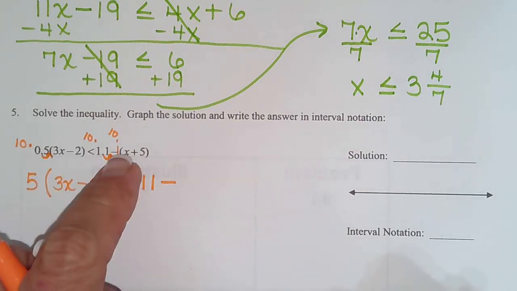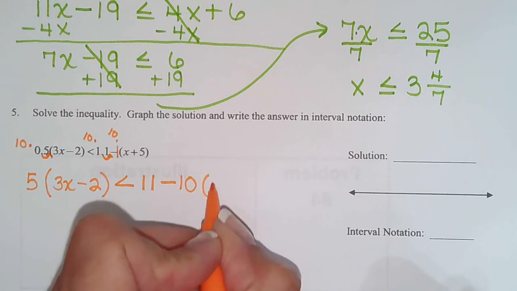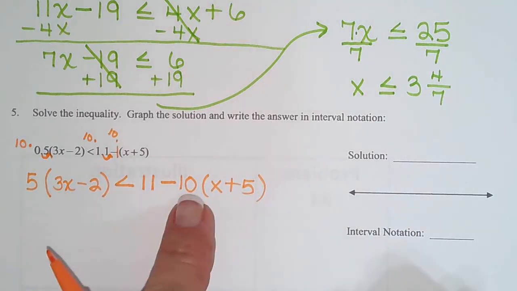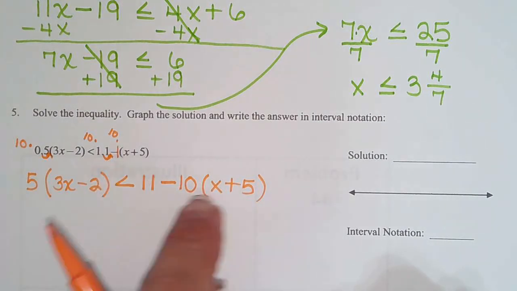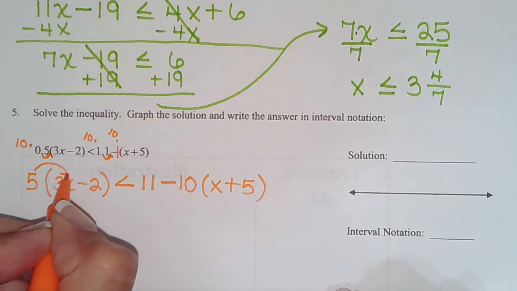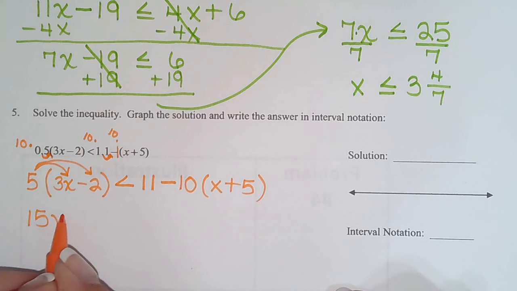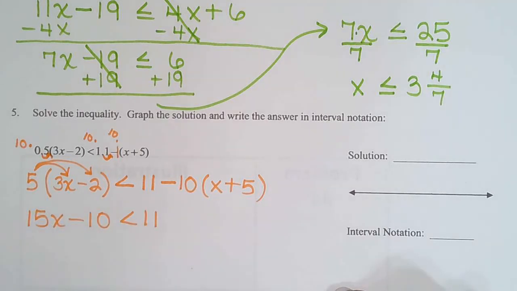Minus 1 times 10 is 10 times x plus 5. Again, don't go inside your parentheses with the 10, just the outer number, which we call the coefficient, gets multiplied but not inside. So 15x minus 10. It looks like we're going to get cut off in the middle of this, so we'll just get as far as we can.